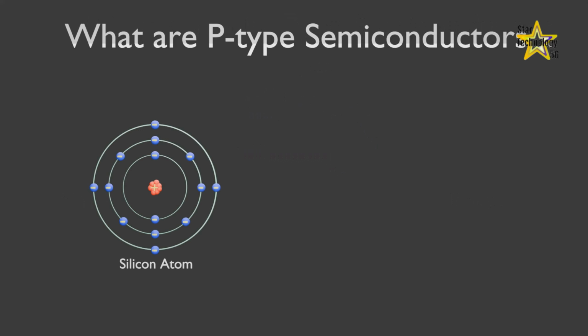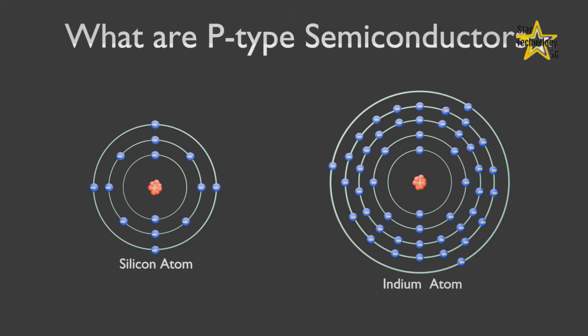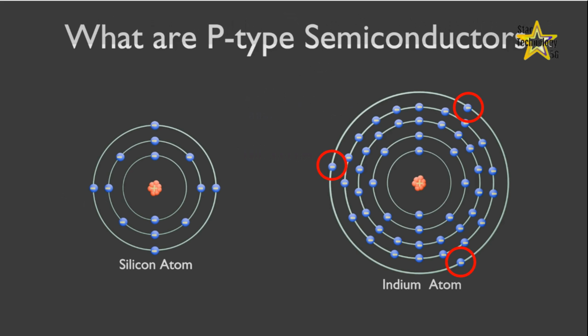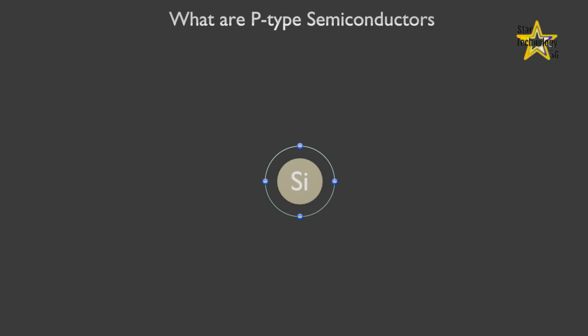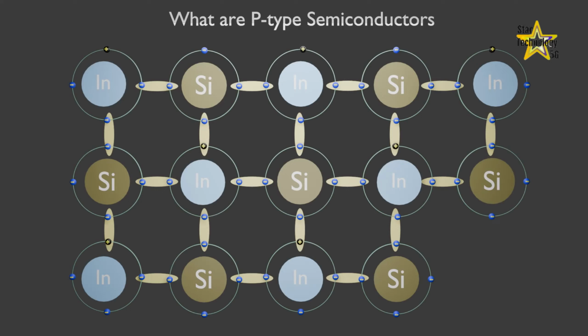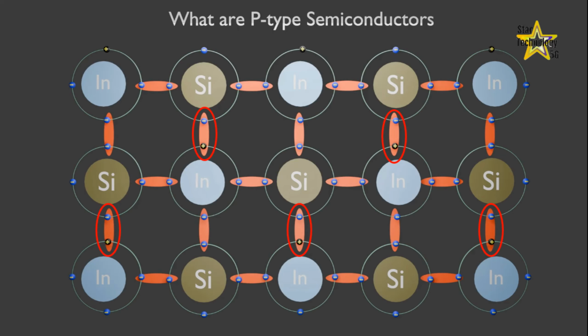What are p-type semiconductors? To increase the number of holes in intrinsic silicon, trivalent impurity atoms are added. These are atoms with 3 valence electrons such as indium. Each trivalent atom forms covalent bonds with 4 adjacent silicon atoms. All 3 of the indium atoms' valence electrons are used in the covalent bonds, and, since 4 electrons are required, a hole results when each trivalent atom is added.